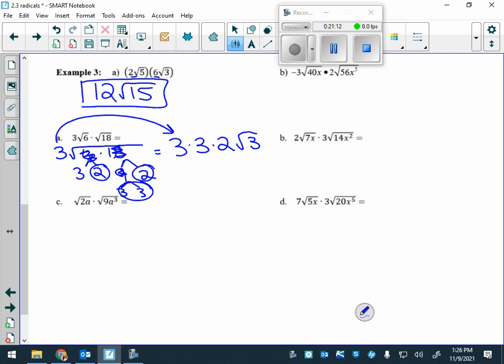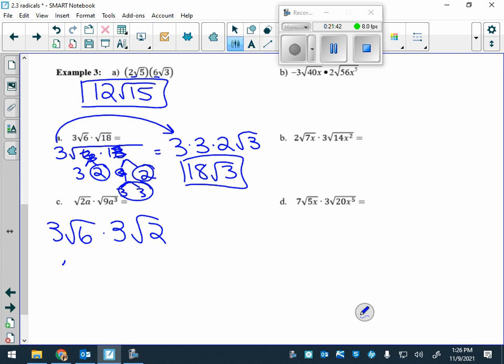Okay. Now we multiply. 3 times 3 times 2 is what? 18 over 3. And again, a bunch of different ways we could do this. Some might choose, with this same example, you don't have to write this down, some might choose 3 root 6 as is, then simplify the square root of 18, 3 root 2, right?